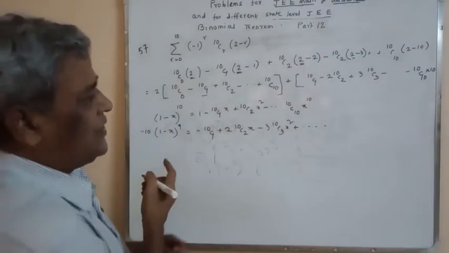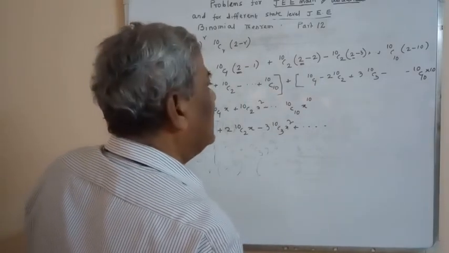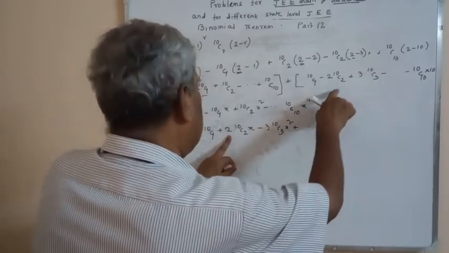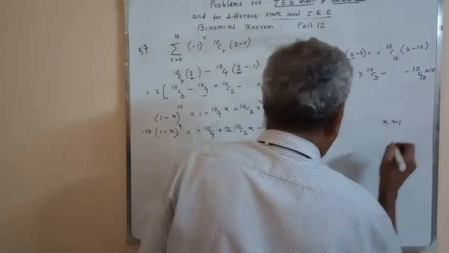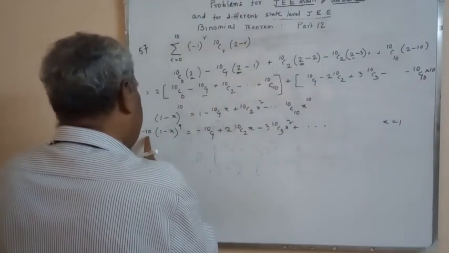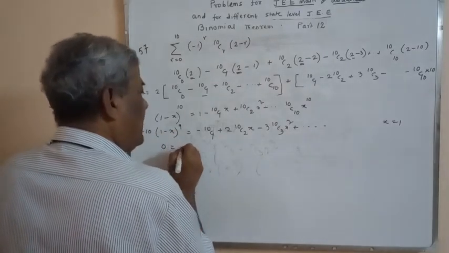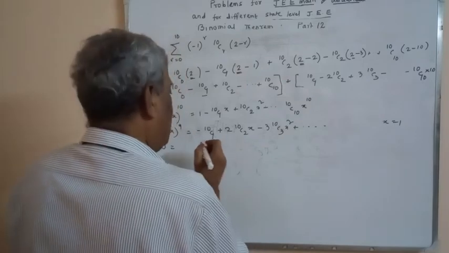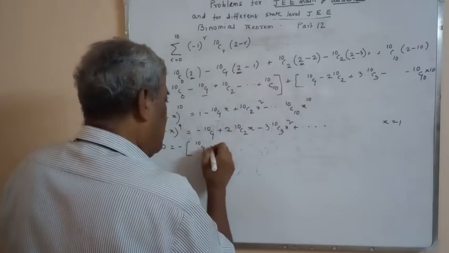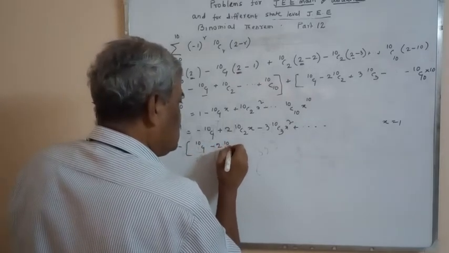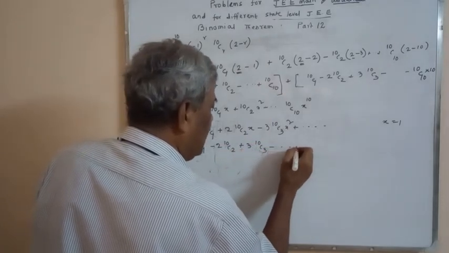Now on both sides, again put x is equal to 1. So this becomes minus 10 into 0 to the power 9, so it is 0. Taking minus common, 10C1 minus 2 into 10C2 plus 3 into 10C3 minus.